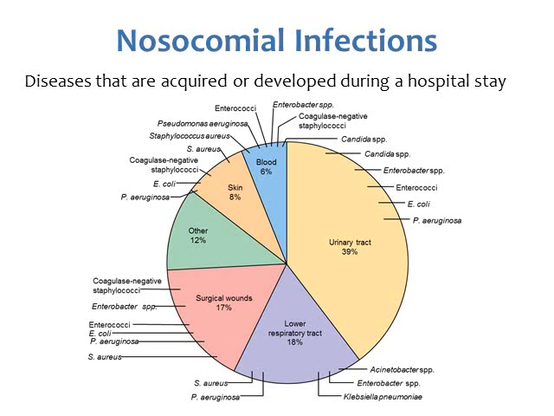Most of the time, with these healthcare-acquired infections, urinary tract infections are a big one, from catheters. You can get lower respiratory tract infections. Surgical wounds can very easily get infected if they're not cleaned and taken care of properly. Blood infections and skin infections are a little more rare, and then other infections account for the rest. Again, these infections are really bad. You want to prevent these healthcare-acquired infections because you're actually getting your patient more sick than when they came into the hospital or into the clinic.